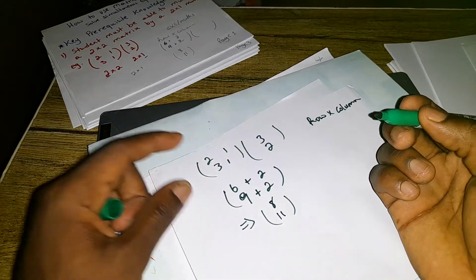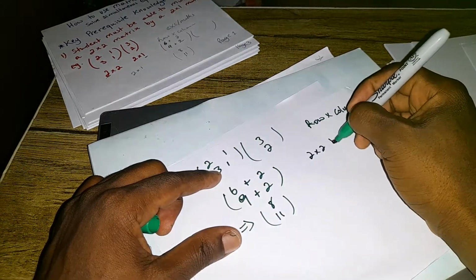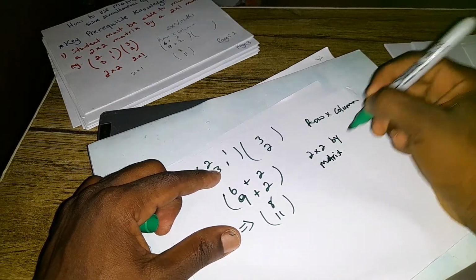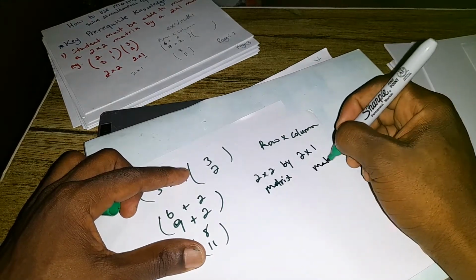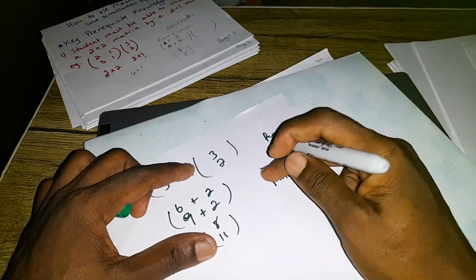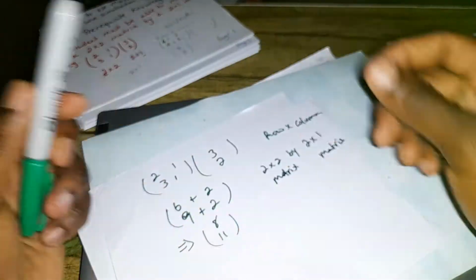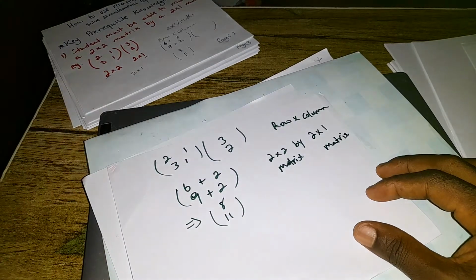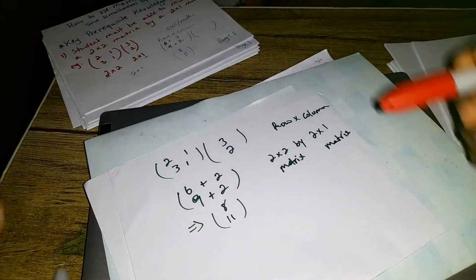You understand? So that is how you multiply a 2 by 2 matrix by a 2 by 1 matrix. 2 rows, 2 columns, by 2 rows, 1 column. And notice that you end up with a 2 by 1 matrix. Sometimes they will give you the matrices and ask you what order the answer will come out with.